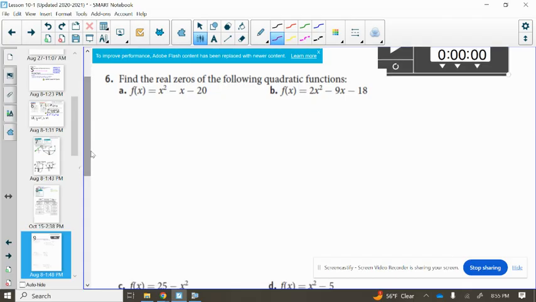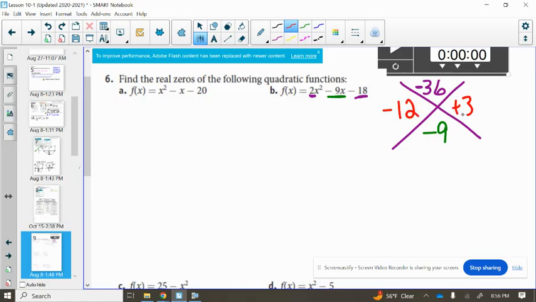For instance, if we start with letter B, we notice we have 2x squared minus 9x minus 18. So we're going to use the x method and ask, what multiplies to be 2 times -18, so -36, but adds to be our middle term of -9? That ends up being -12 and +3.